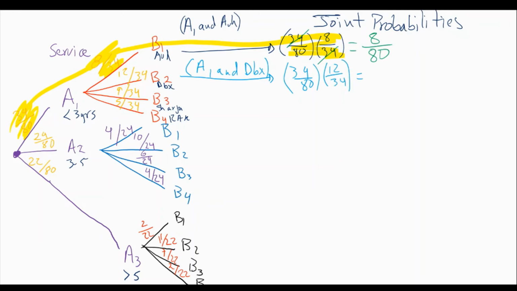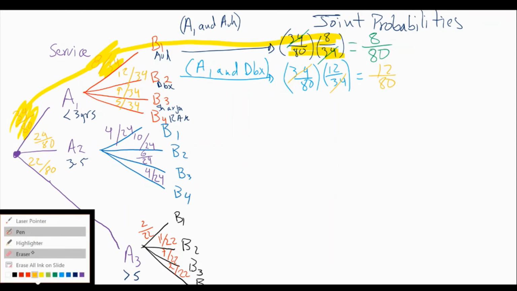Okay, so again, just like in the one above, a way to check whether you're doing this right or not is that you should have some of this canceling out, which means the 34 in the denominator and numerator goes away, and you have 12 divided by 80.